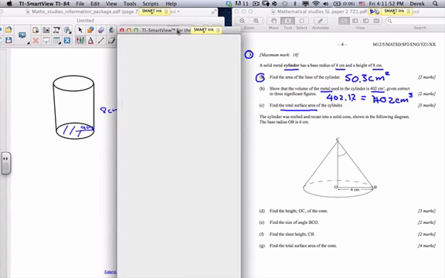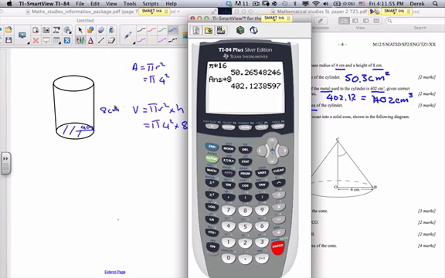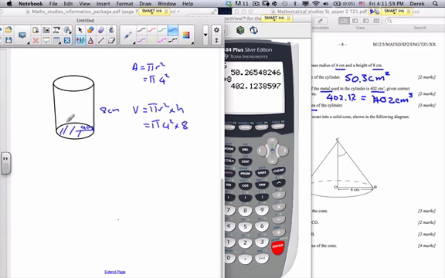Now in doing this, we've got 3 surfaces basically. We've got our 2 circles, so the total surface area is going to equal pi r squared times by 2, and that will give the area of that and that. And then we're going to have this curved part here.